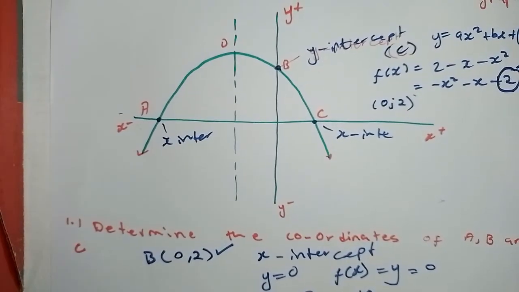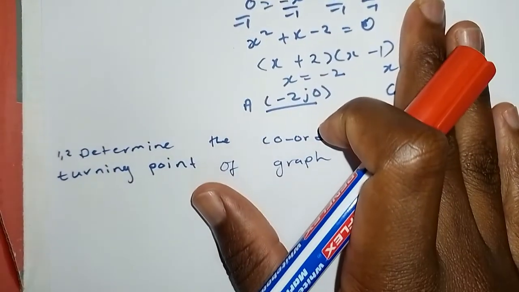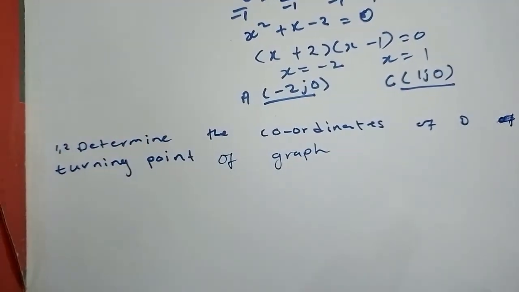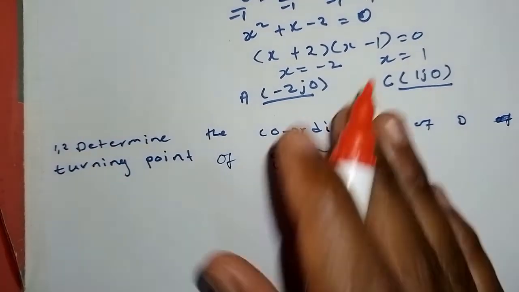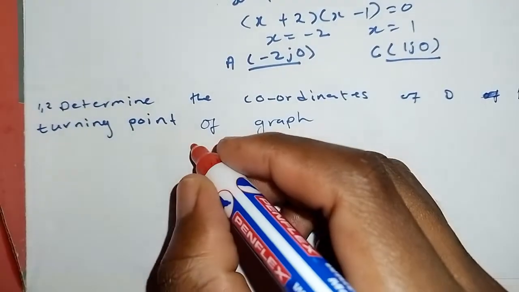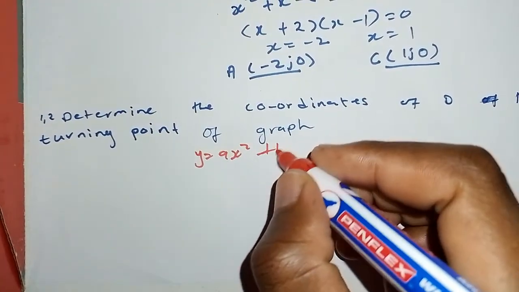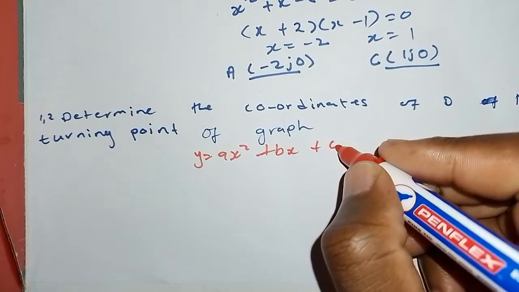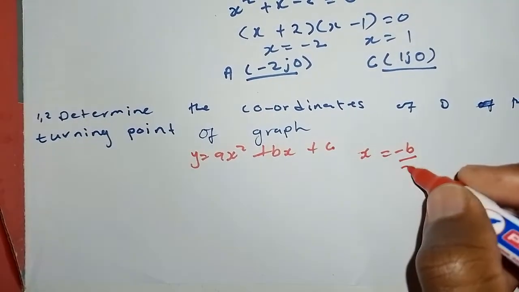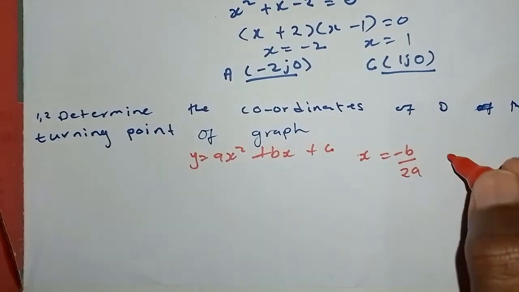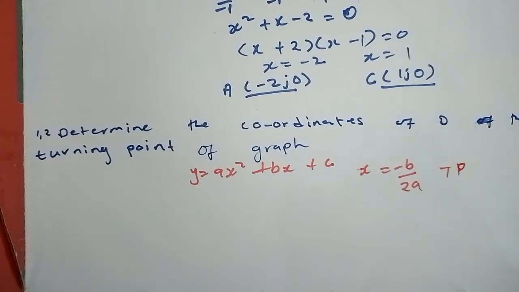Remember what I said from the basics: whenever you have an equation y = ax squared plus bx plus c, you can use x = -b divided by 2a to calculate the turning point, TP.